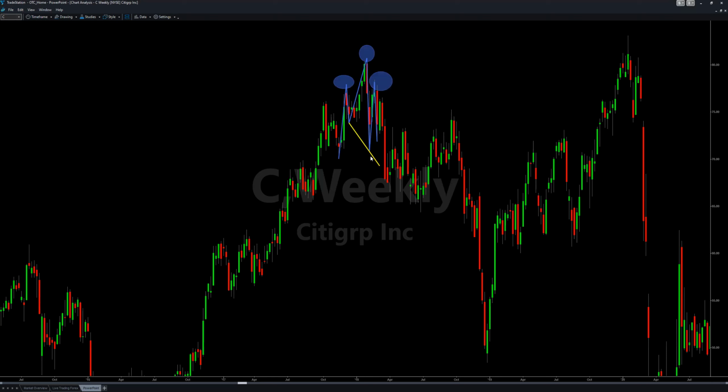We need the neckline to calculate our profit margin and also to find our entry. I will extend this to the right. And at this time, right, we will break the neckline. We can go short here. That means we are short here with a stop loss, and that is option number 1, above the previous pivot.